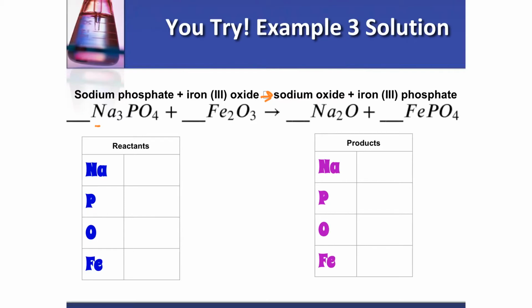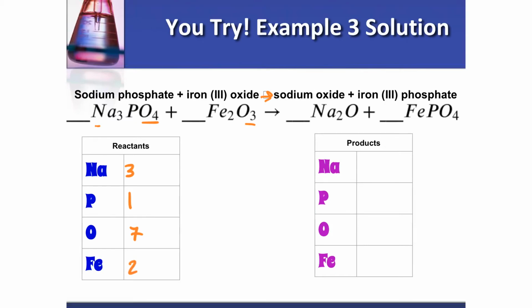So this is before it's balanced. On our reactant side, we have 3 sodiums, 1 phosphorus, O4 plus O3, so we actually have 7 total oxygens, and Fe2, we have 2 irons.